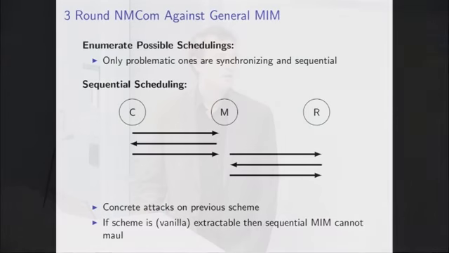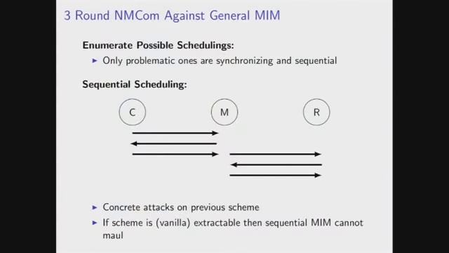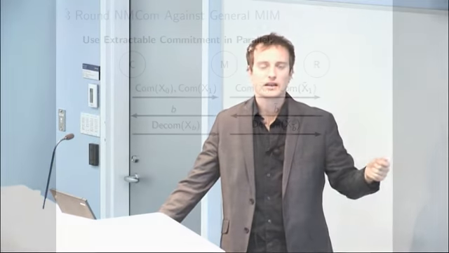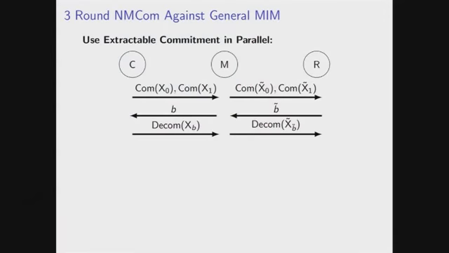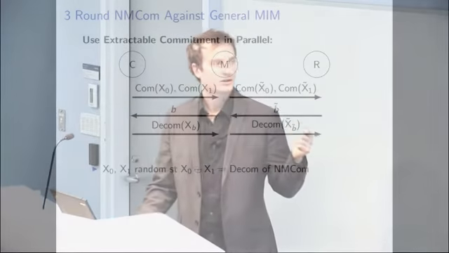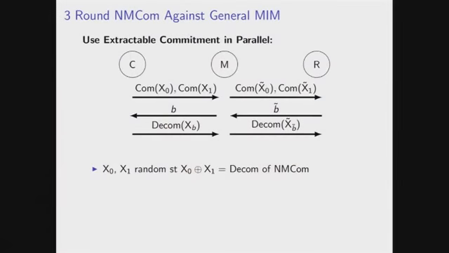So you have to fix it, and it's not so hard. Essentially, the idea is that if the scheme is extractable, forget even extractable in this non-malleable sense, this scheduling doesn't require any rewinding on the left. So you just make it extractable by running in parallel a very basic extractable scheme where what you're committing to, the two shares x0, x1, are actually shares of the decommitment of the scheme from before. And this will be extractable.